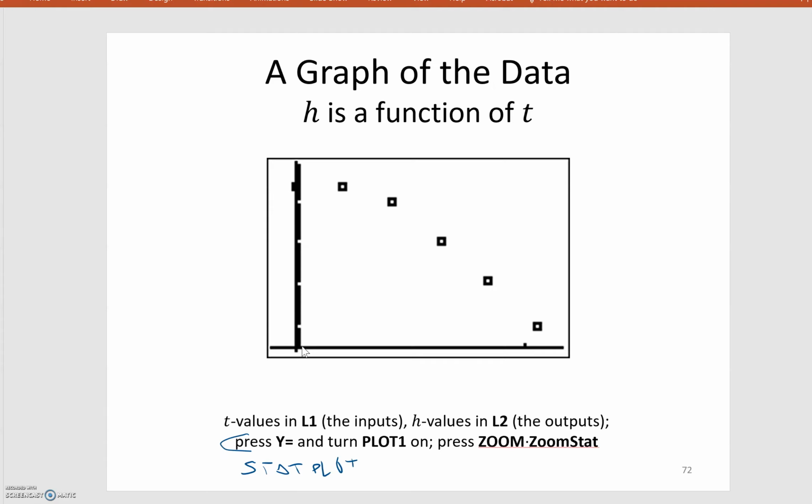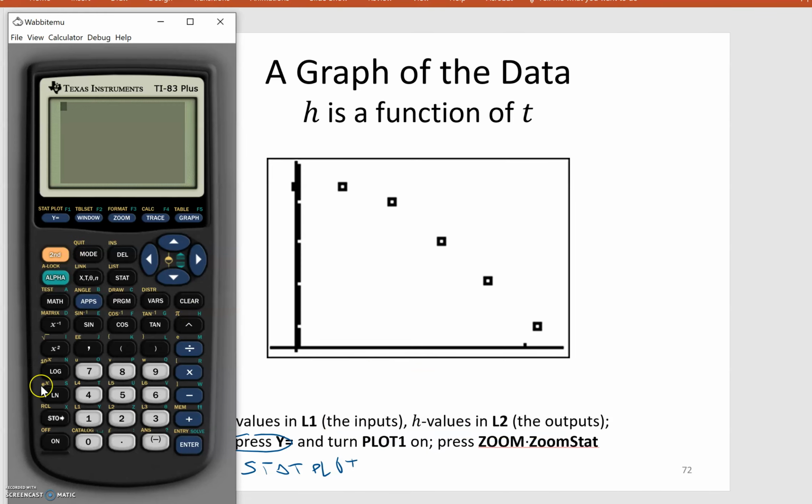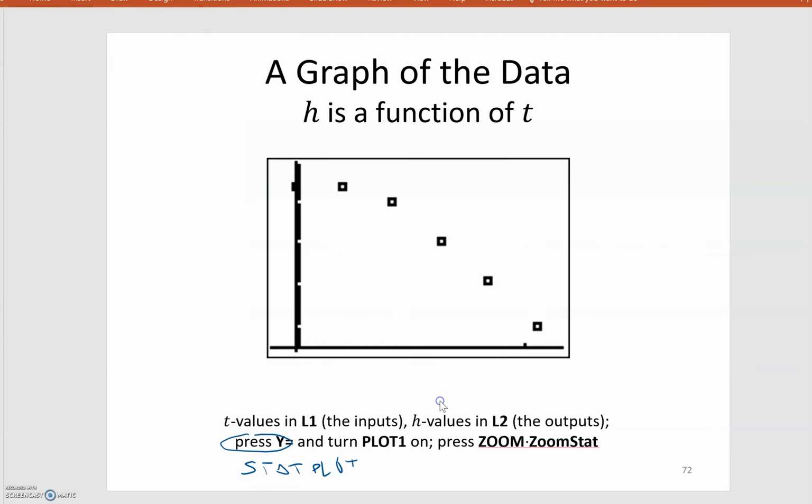That says press y equals, but we should really say, I'll just show you. You don't just press y equals, you press second y equals, and then you can turn your stat plot on. Okay. And do zoom stat, and then you'll get your picture.